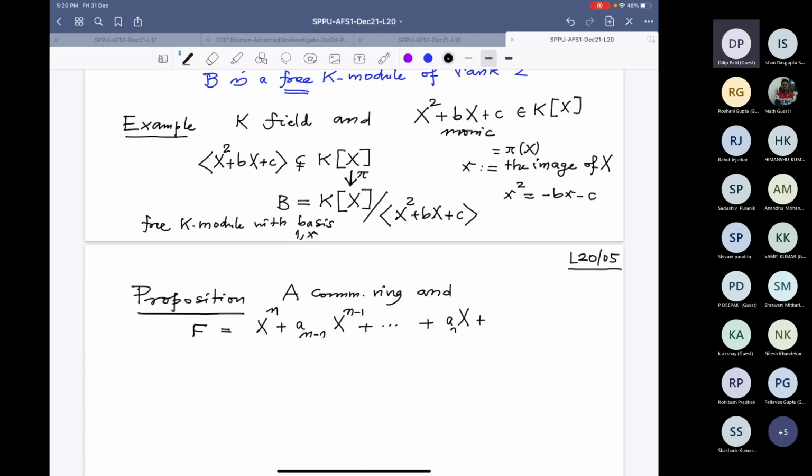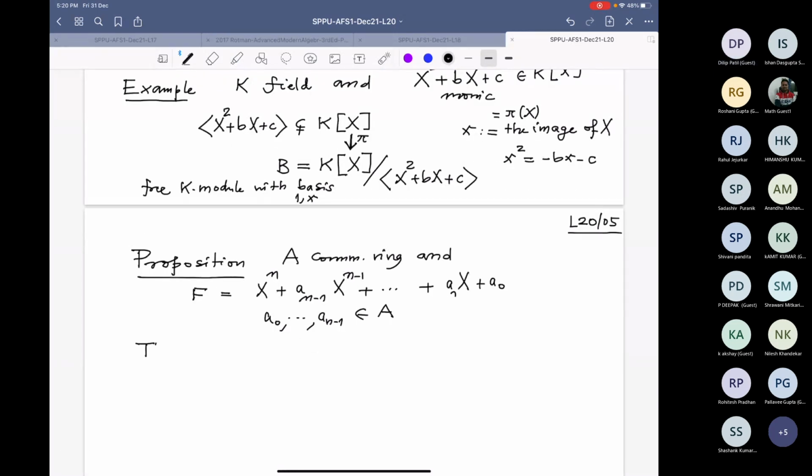F = X^n + A_{n-1}X^{n-1} + ... + A_1x + A_0, where A_0, ..., A_{n-1} are in the base ring A. Then B equals A[X] modulo the ideal generated by F, and imitating the earlier notation, I am denoting small x as the image of capital X in this ring.